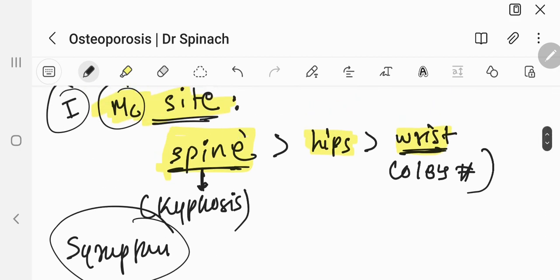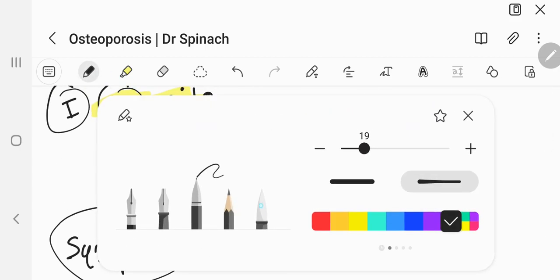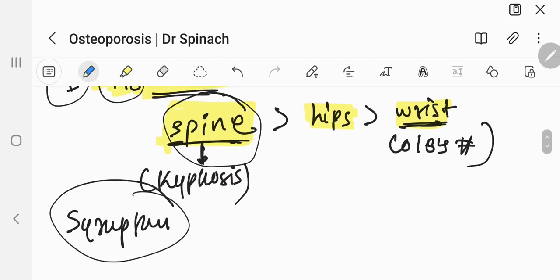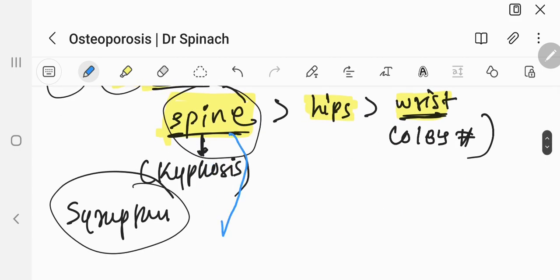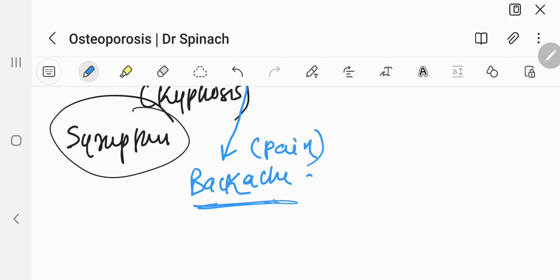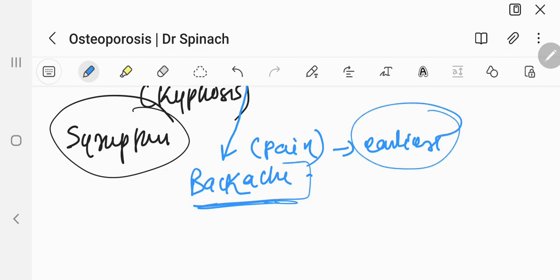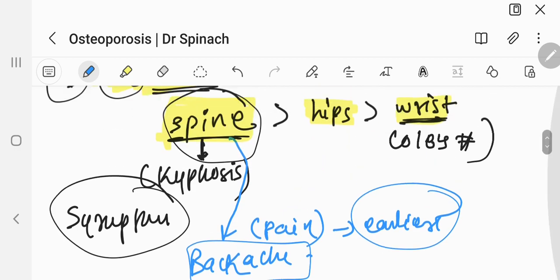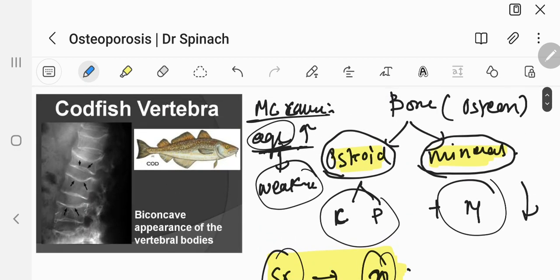Of course, when the spine is the most commonly involved site in osteoporosis, then definitely what will happen? Backache. These women usually present with backache, that is the pain. So pain is the earliest symptom in osteoporosis. So these are some of the important points which we need to remember about osteoporosis.